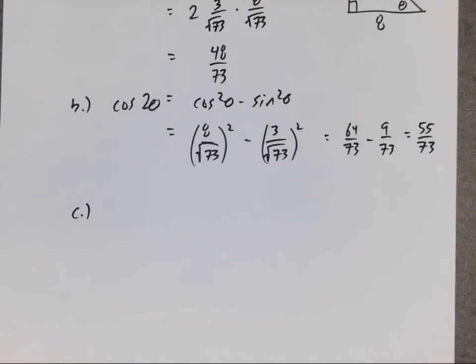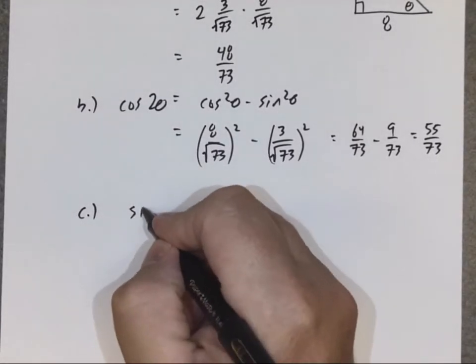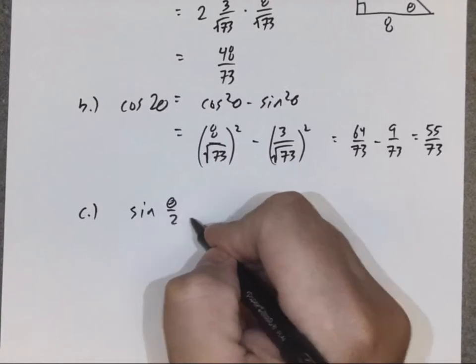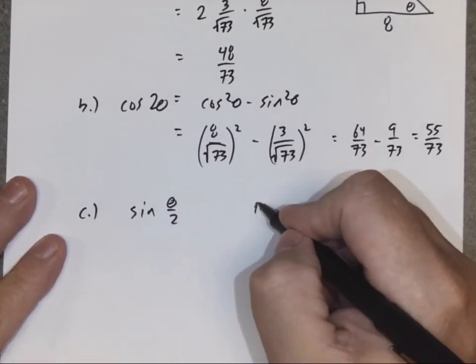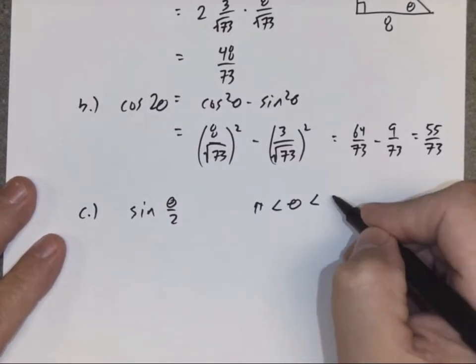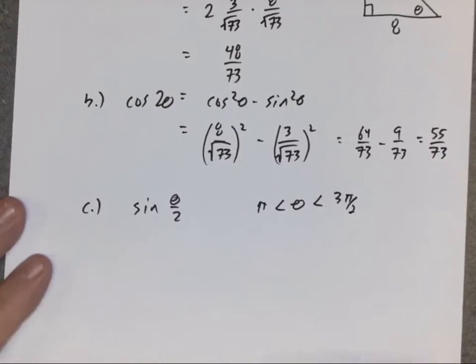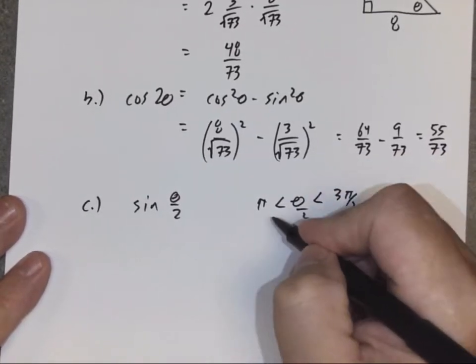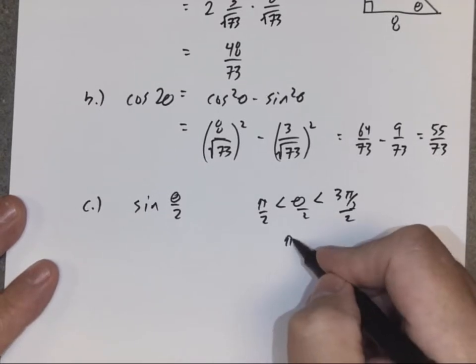Now let's finish up with the half angle. So sine. Now we have to confirm, let's figure out where we're at. By that I mean, here are the limitations on theta. Of course, half angle means divide everything by 2.